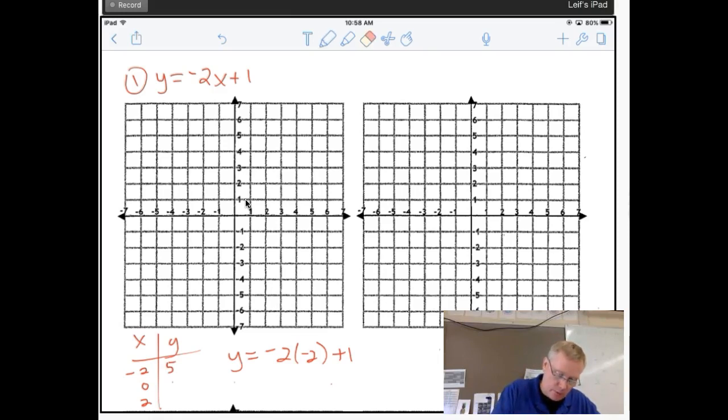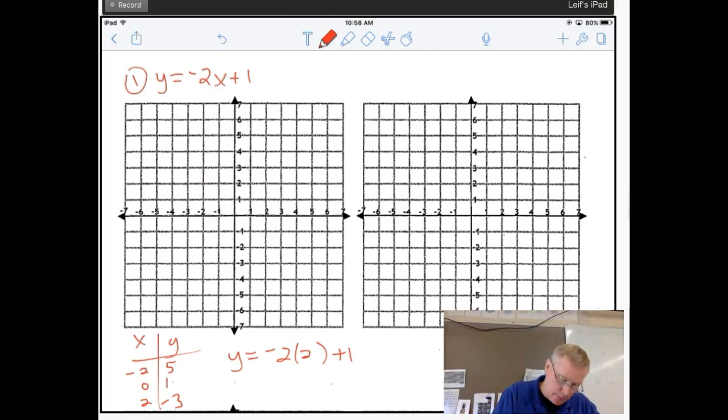If I plug in 0, anything times 0 is 0, 0 plus 1 is 1. If I plug in 2, I get 2 times negative 2 is negative 4. Negative 4 plus 1 is negative 3. And there's 3 points. You could have used more points if you wanted. Don't use less.